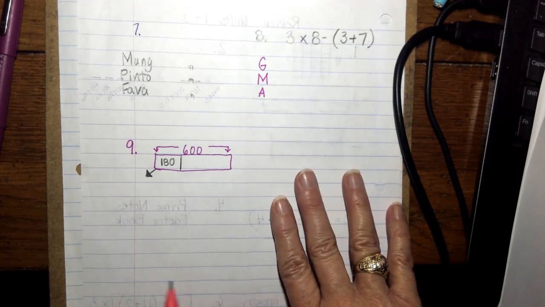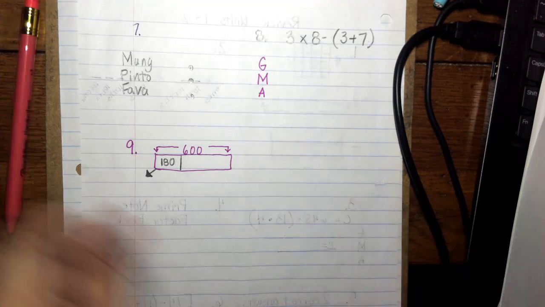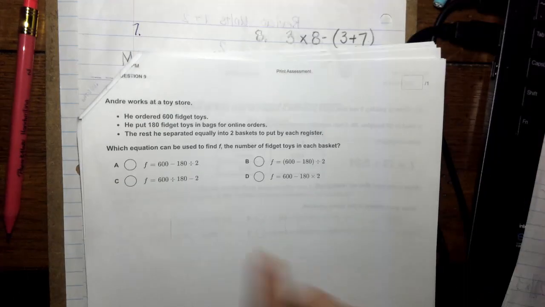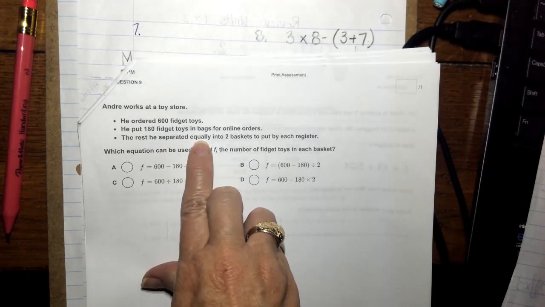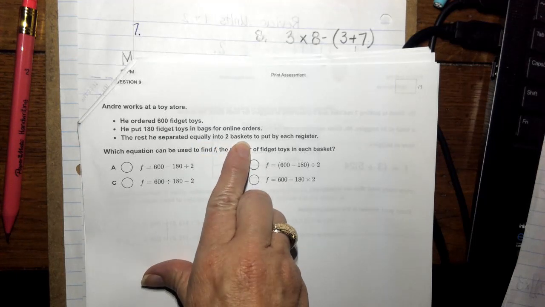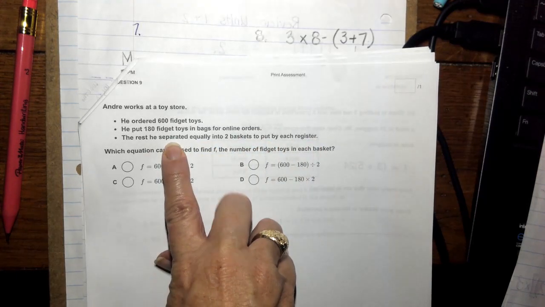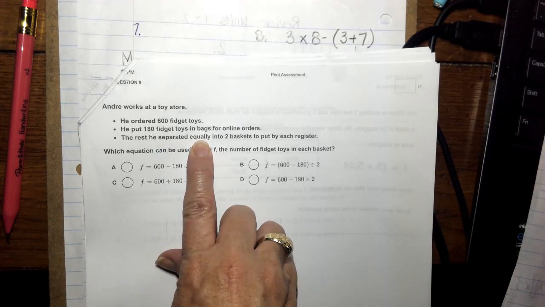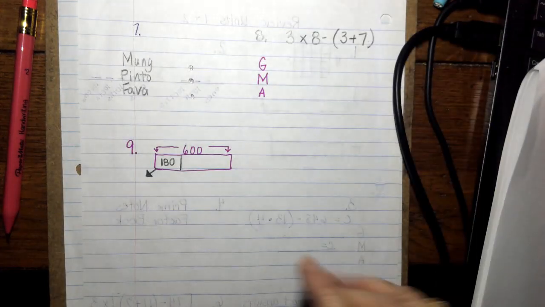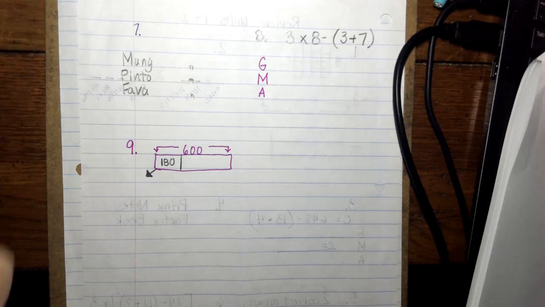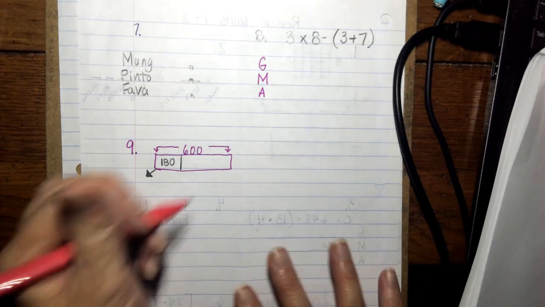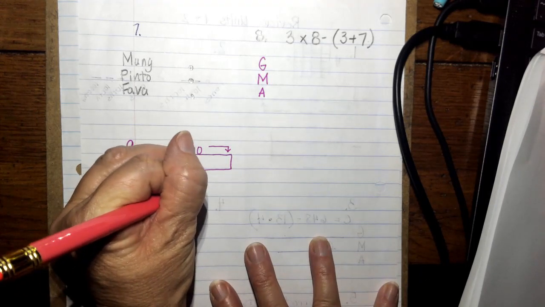The final thing that I read is, the rest he separated equally into 2 baskets to put by each register. So the words separated equally. When you separate, you're subtracting, but when you're doing it equally, you're dividing.